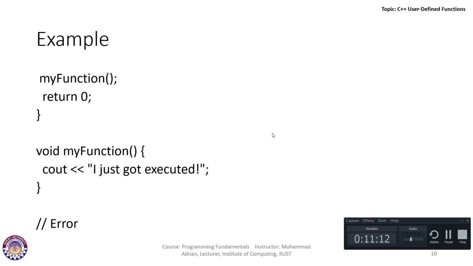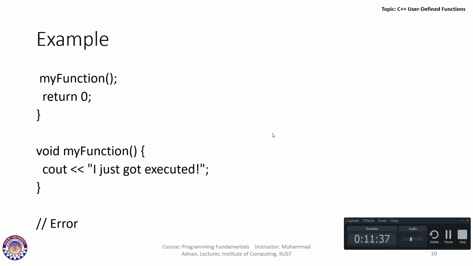Okay, so here is another example. We have a function, my function. We are calling my function in the body of the main function, and then you have defined the function after the main function. My function just got executed.